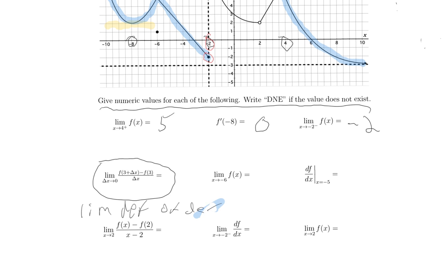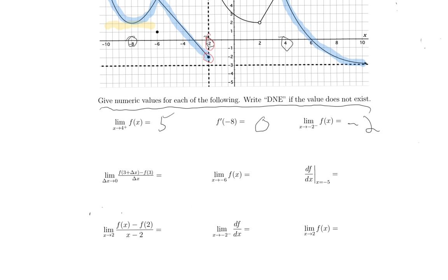Oops, let me get my eraser. So just so you know, that is the limit definition of the derivative. Hold on, my bad, just trying to erase this. There we go. Okay, back to pen. Great.